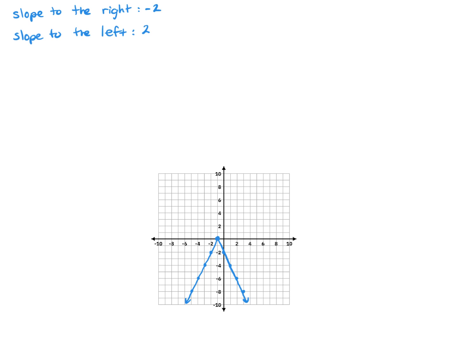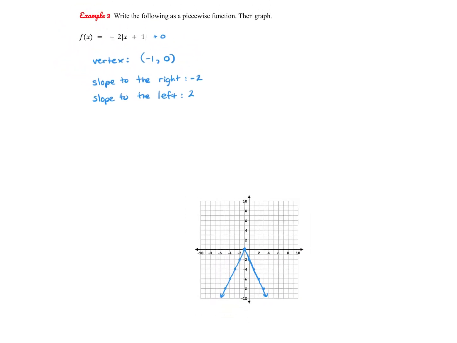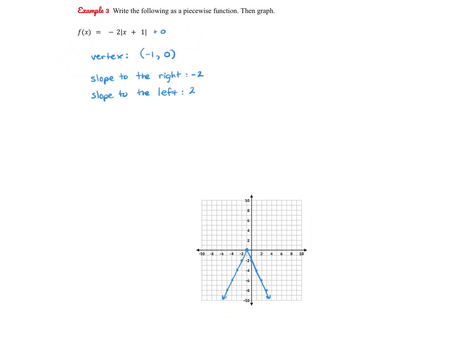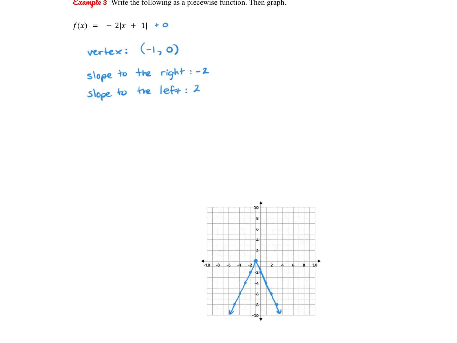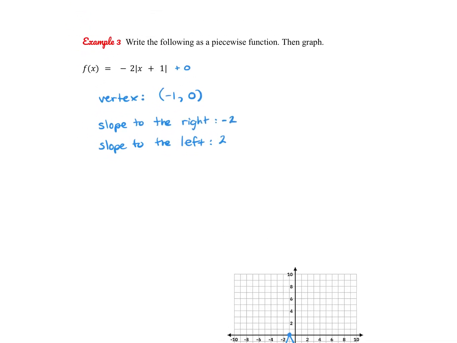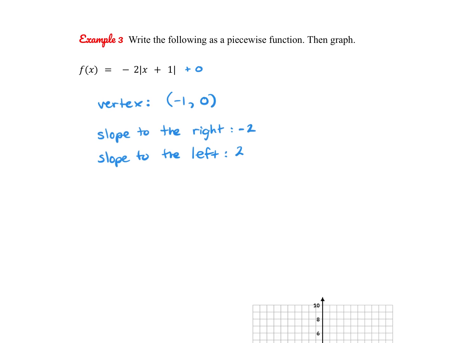And again, you can see that we will need to write this as a piecewise function. So everything to the right of our vertex, let me write to the right. And this time, our vertex is at -1, 0. So this is going to be everything to the right of x equals -1.